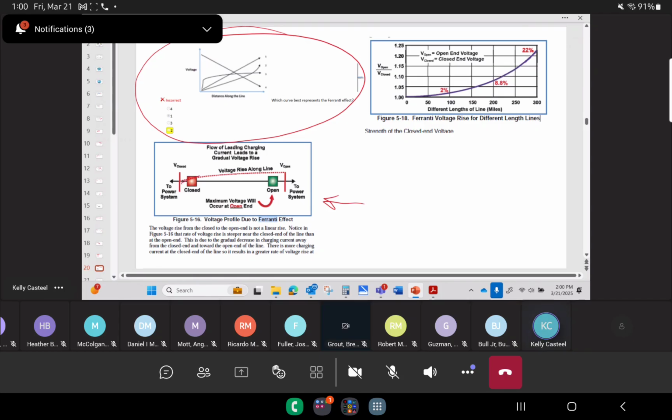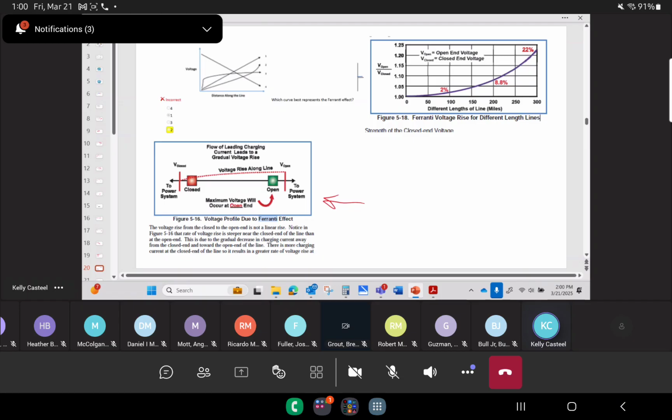And here we see that that dotted red line represents the voltage profile. And of these up here, which one most closely represents that is this one, where you get a lot quicker voltage increase early in the line, and then it kind of flattens out towards the end.